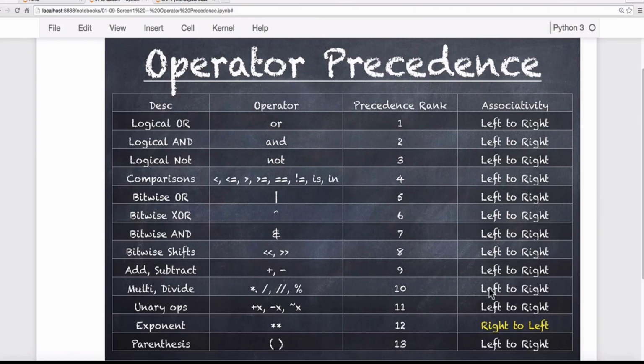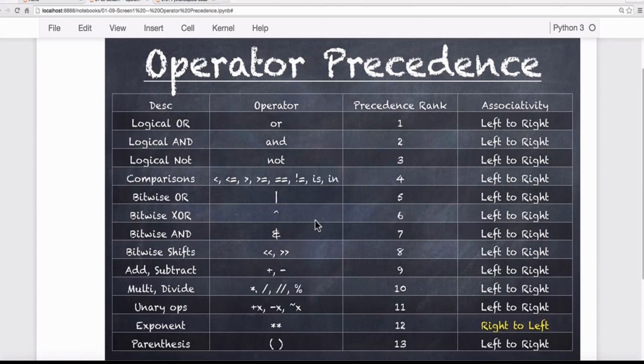If you see the table here, most operators have left to right associativity, except the power operator, which has right to left. That means if an expression has two or three power operators, they are executed from right to left. All this will be clearer when we see some examples.